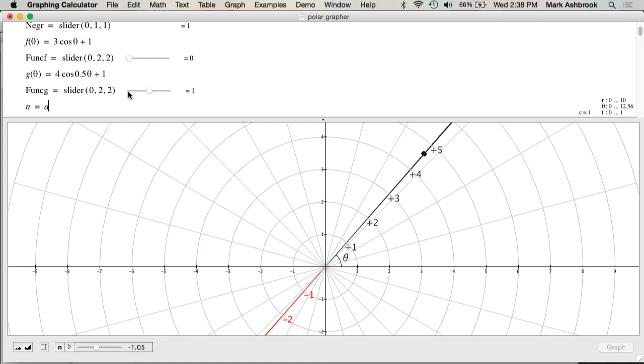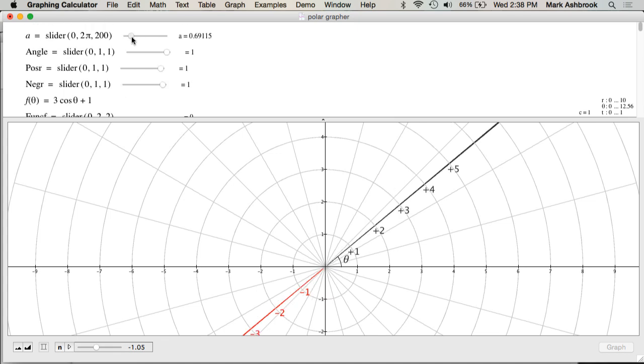Here's just any angle theta. I'm not talking necessarily about 0.69 radians, but this could represent any angle. And this is any point right here.